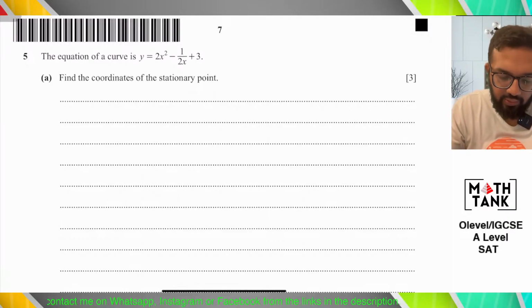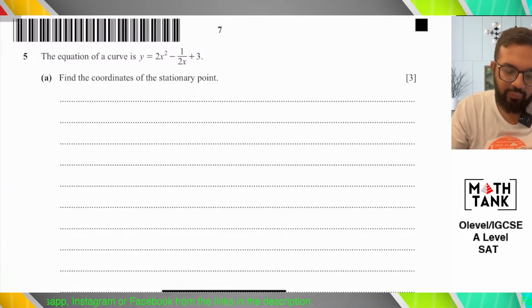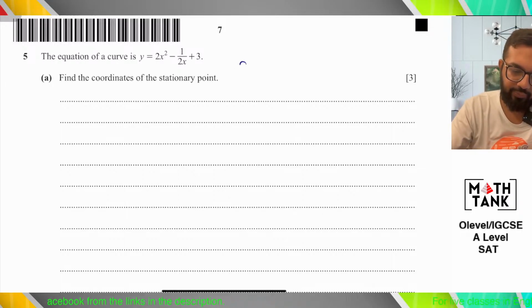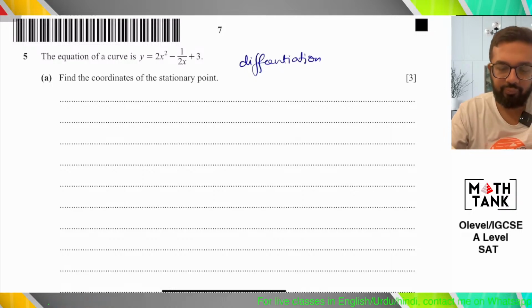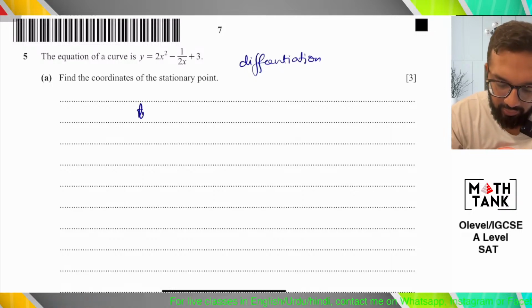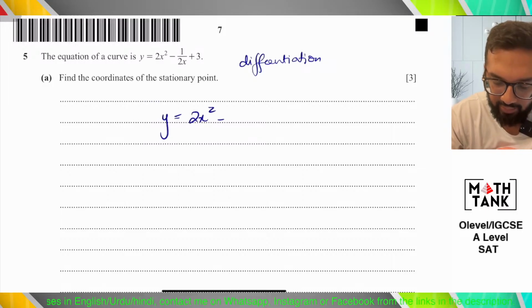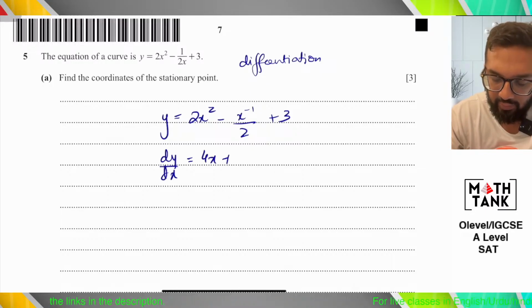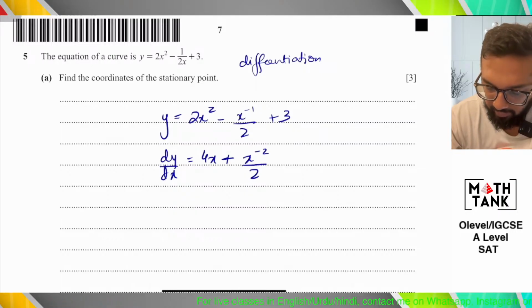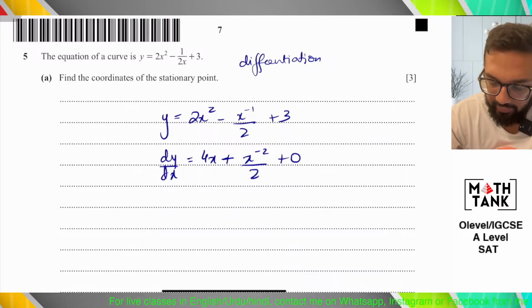The equation of a curve is y equals to this. Find the coordinates of the stationary points. So differentiation. Let's first write this as y equals to 2x square minus 2 minus x power minus 1 over 2 plus 3. So dy by dx becomes 4x plus x power minus 2 over 2 plus 0.